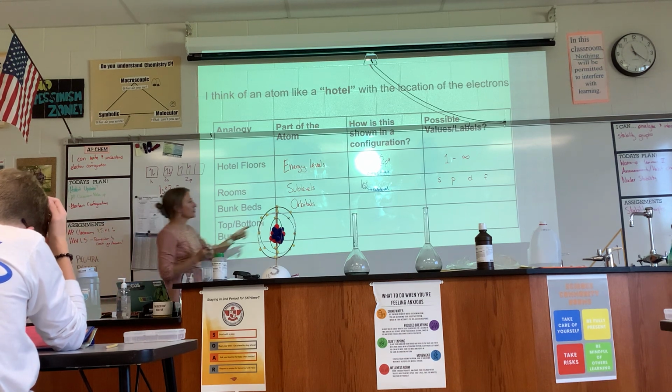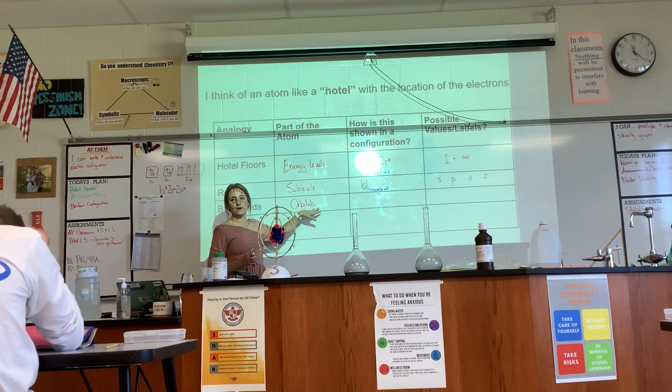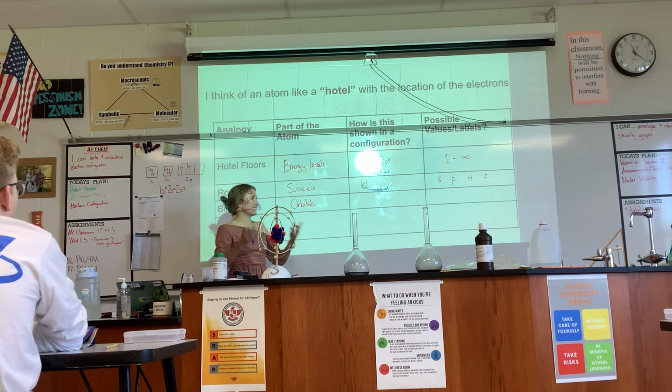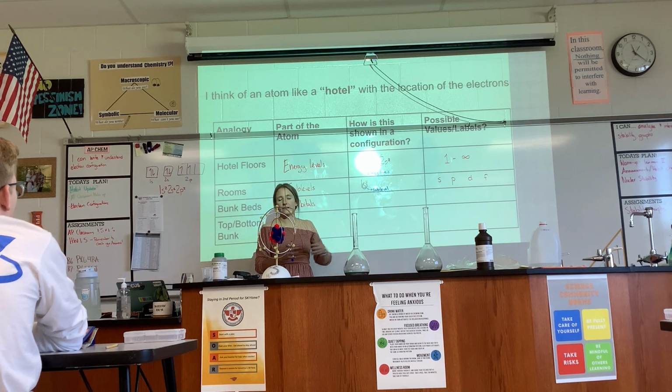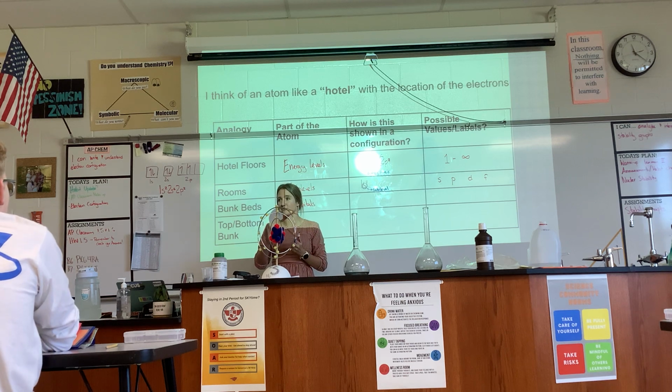Now, in terms of this notation, the orbitals are somewhat hidden. It's very clear that s is the sublevel. The orbitals are within the letter because each letter has the same number of orbitals every time.